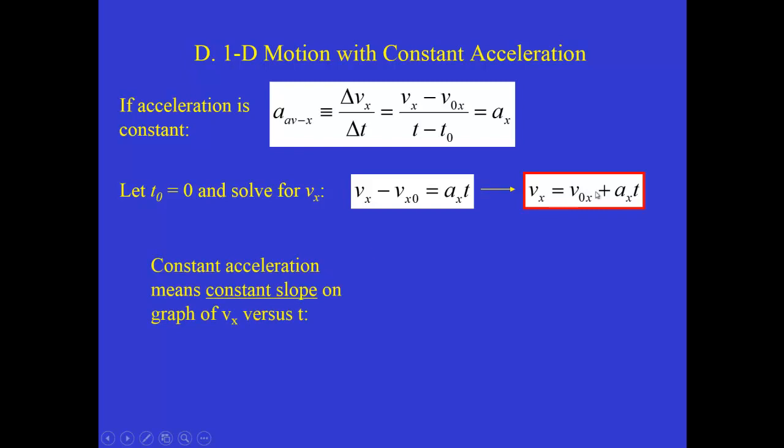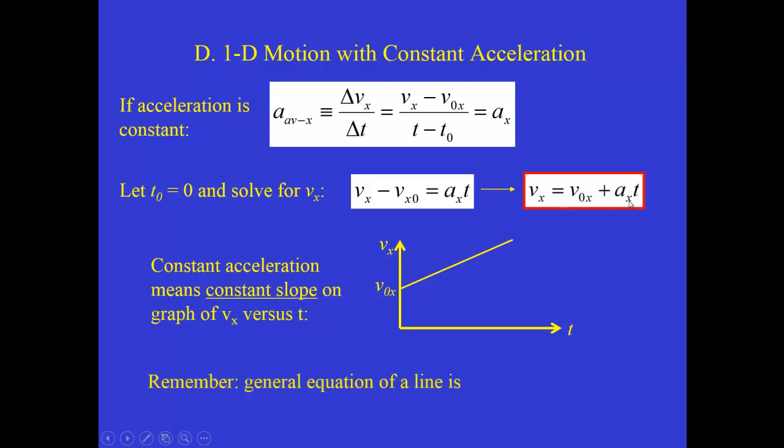Graphically, constant acceleration motion means that if we make a graph of vx versus t, it's going to be a straight line with a constant slope. So this equation for vx involves t as the independent variable. If we plot vx versus t, we would get a straight line where the y-intercept, the value of the velocity at t equals 0, would be v0x, and the slope is equal to a sub x.